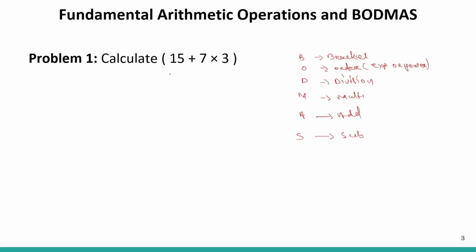We search for brackets first and simplify further, that is 15 plus 7 into 3. Then we look for exponent or power, but there are none.